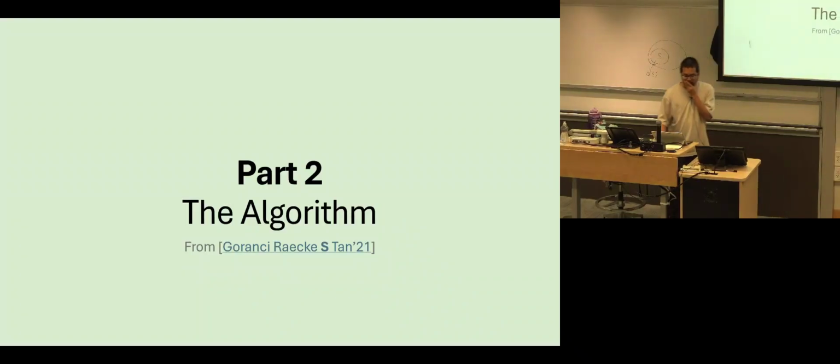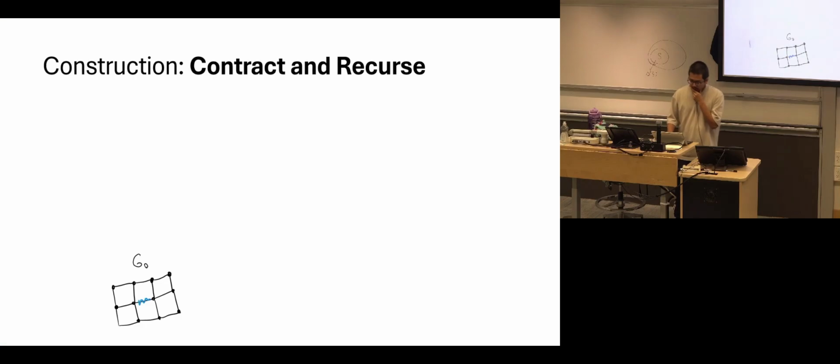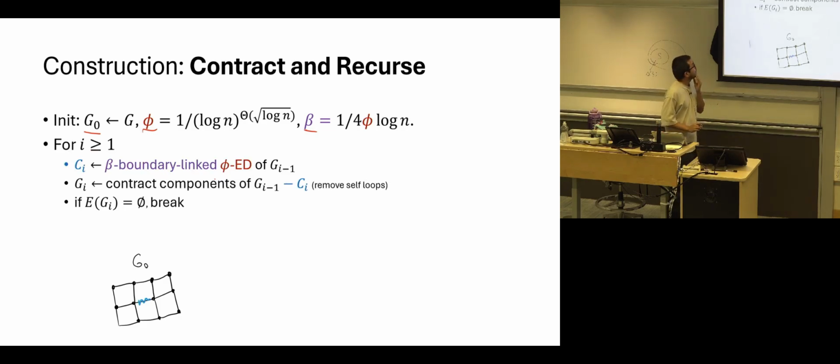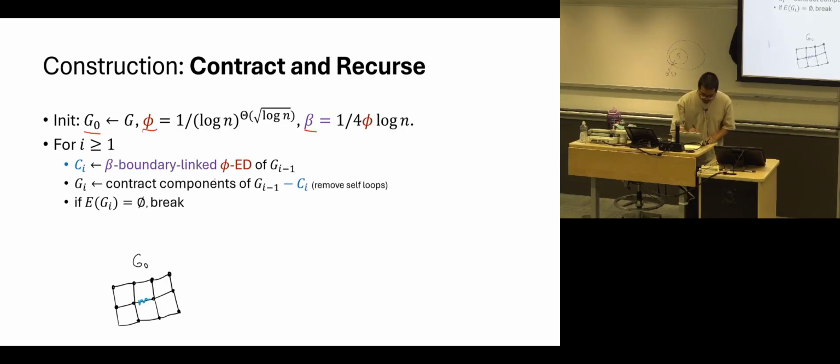Okay. Good. So now here's the algorithm. The algorithm is just like I said: set phi and beta like I said. Let's say that the graph G_0 is just G, and we're going to repeat a loop. What we do is call the boundary linked expander decomposition on G_{i-1}.